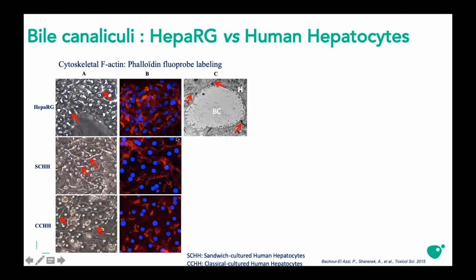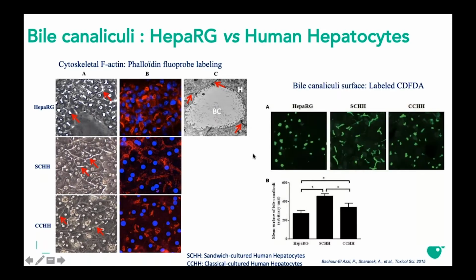Under electron microscopy, bile canaliculi of HepaRG cells appear to be surrounded by tight junctions. Next, to compare the mean surface between the three models, we labeled the bile canaliculi using CDFDA. Bile canaliculi surface was comparable between HepaRG cells and classical cultured human hepatocytes, but was larger in sandwich cultured human hepatocytes.